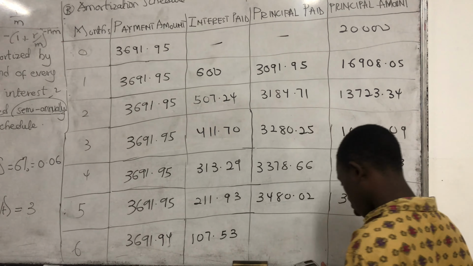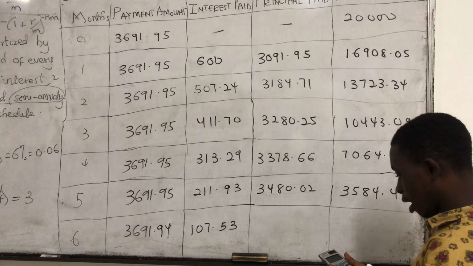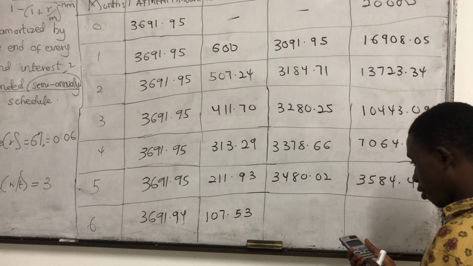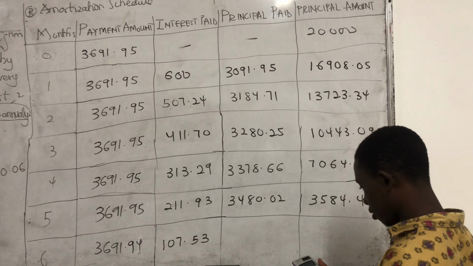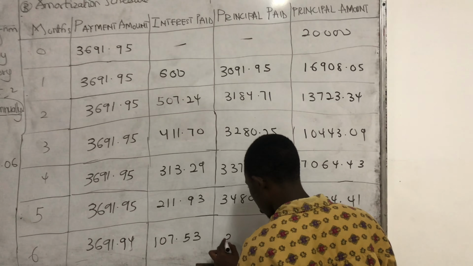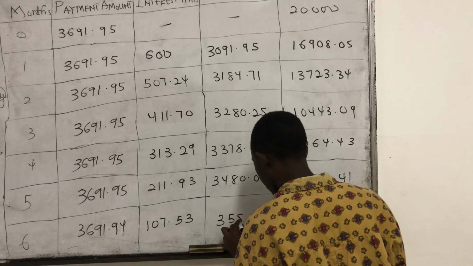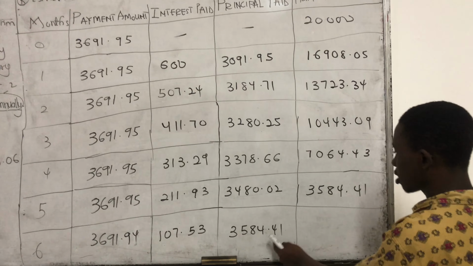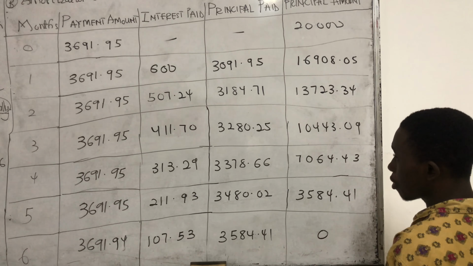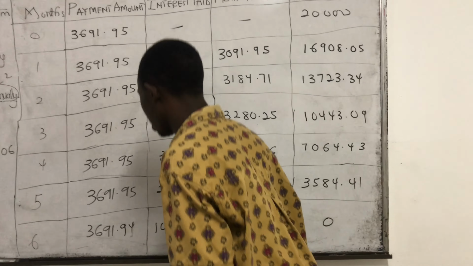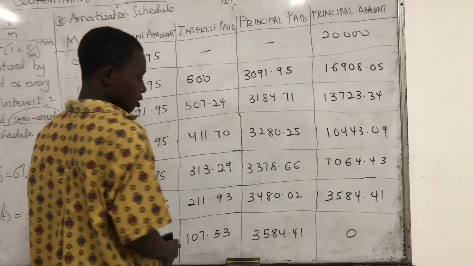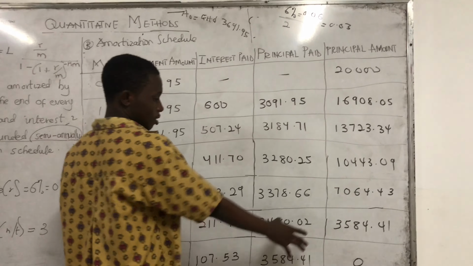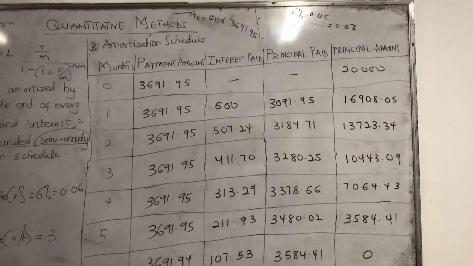Then 3691.95 minus 107.53, we have 3584.41. Now we're subtracting this from that, and we are getting 0. So this is the final payment made based on the amortization schedule. That's how we solve it.